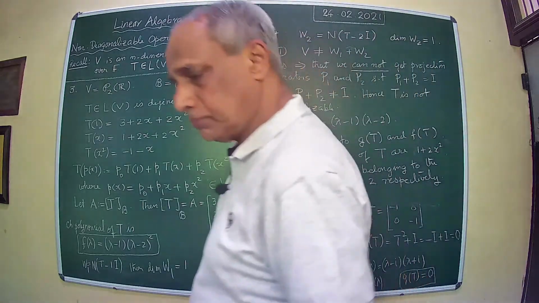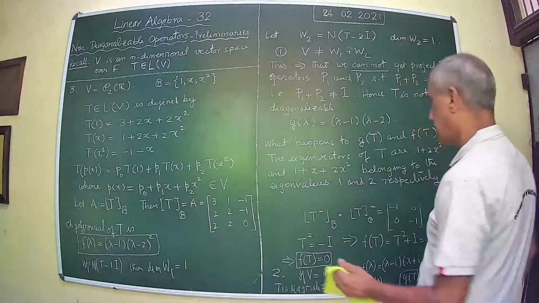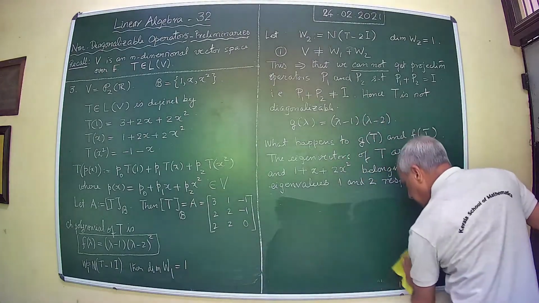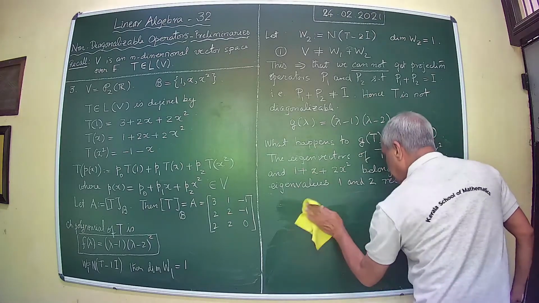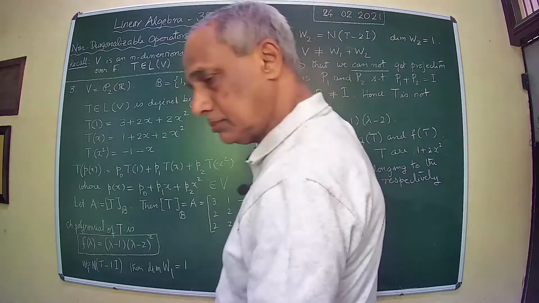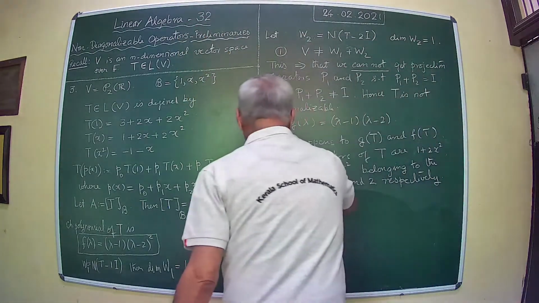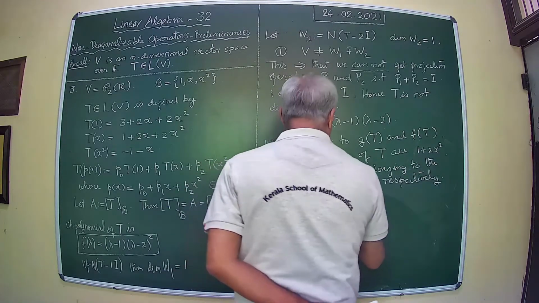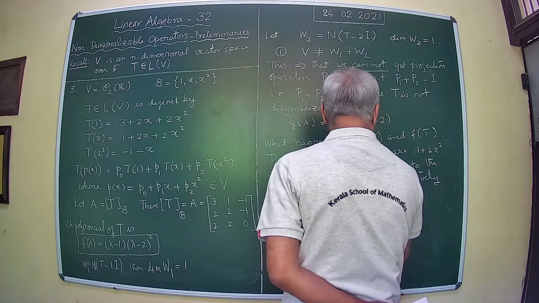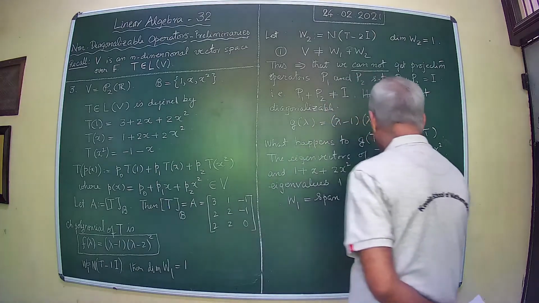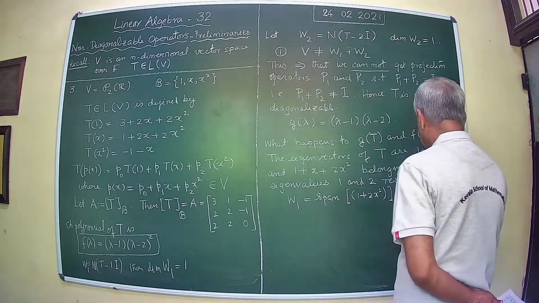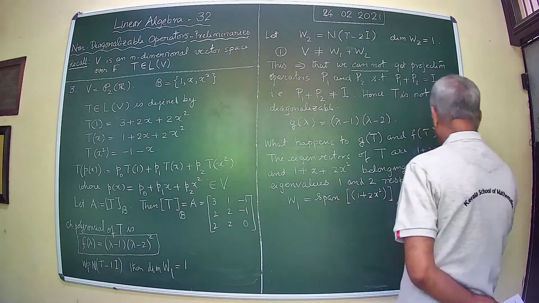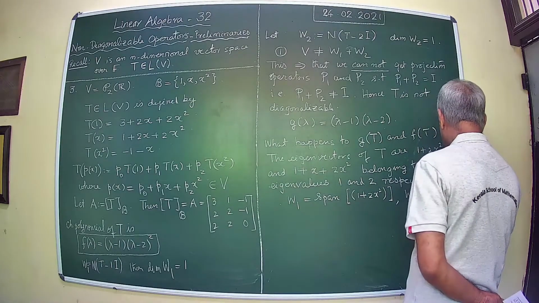Therefore we have, in fact, W1 is spanned by 1 plus 2x squared, and W2 is spanned by 1 plus x plus 2x squared.